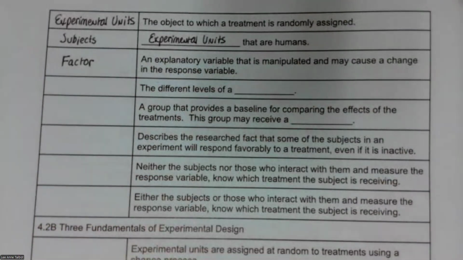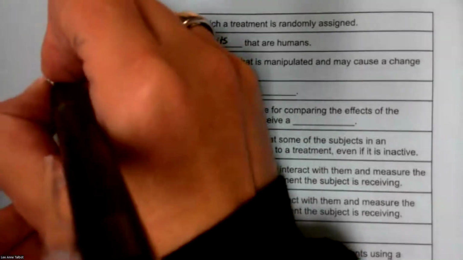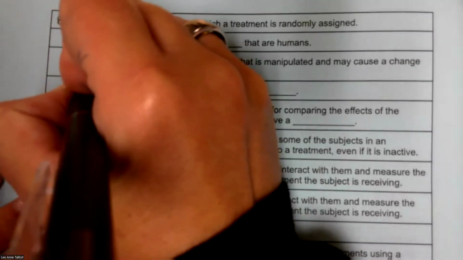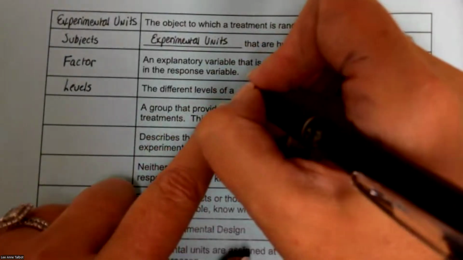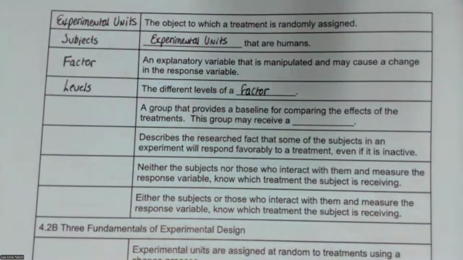And different factors make a treatment. Levels are the different levels of a factor. I'm going to use this language when we do our experiment, and it'll make more sense which thing is which, I promise.